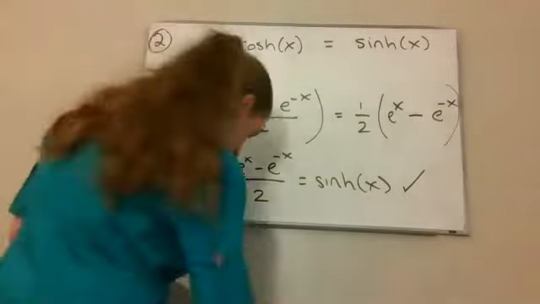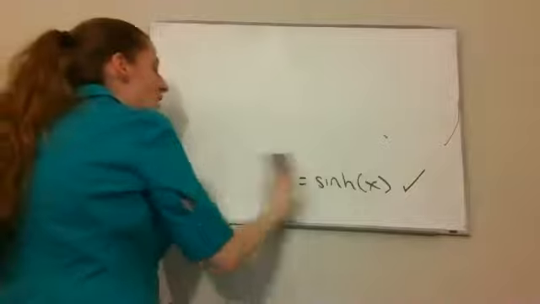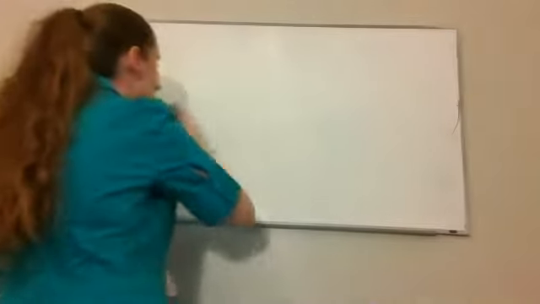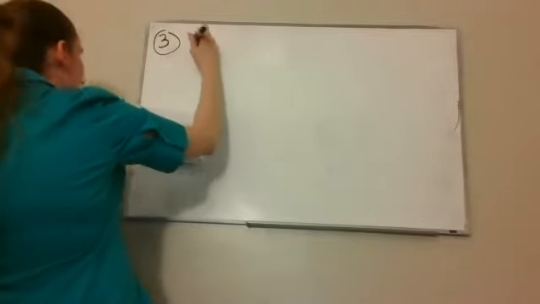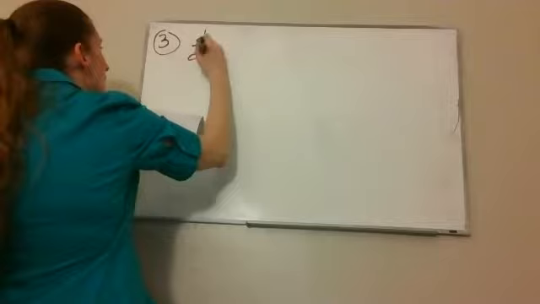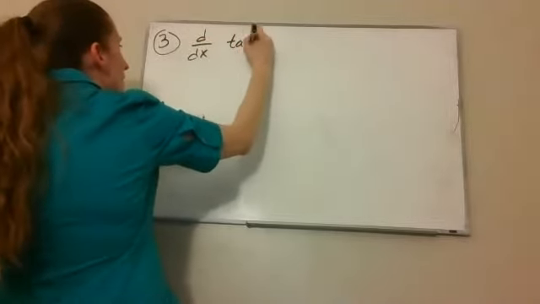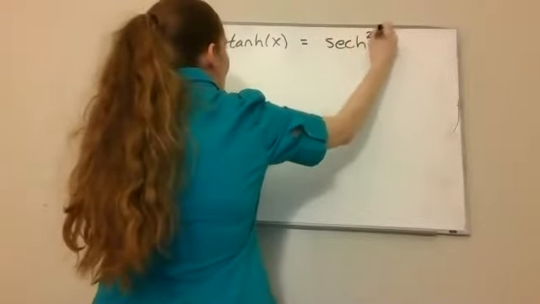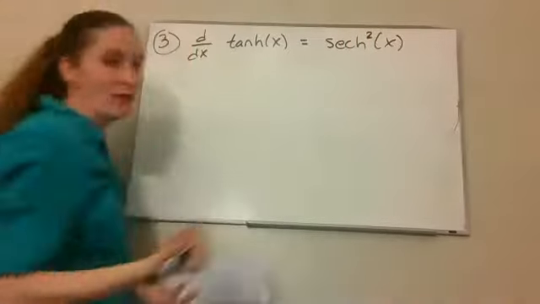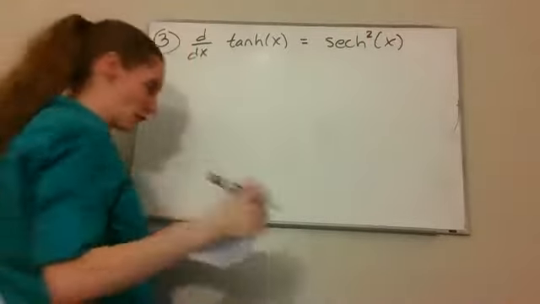Now, I'm not going to prove all of these, but they are pretty straightforward to prove using the definitions of the hyperbolic functions. But here are the other derivatives for us. The derivative of hyperbolic tangent is the hyperbolic secant squared. That one matches what we would expect with our trig.